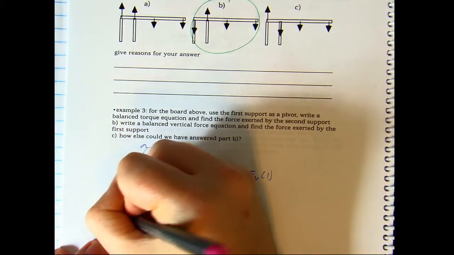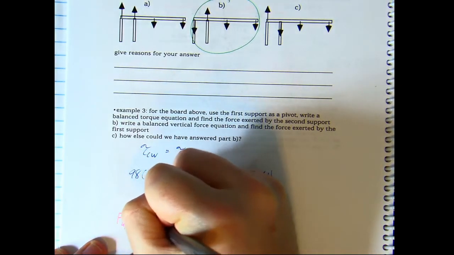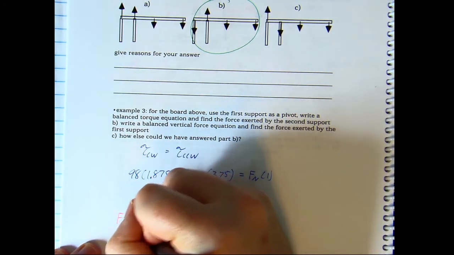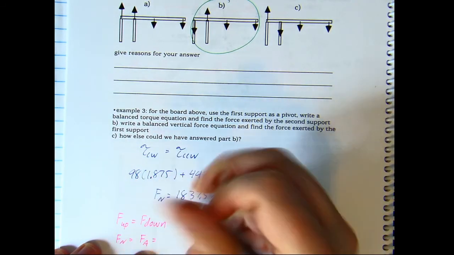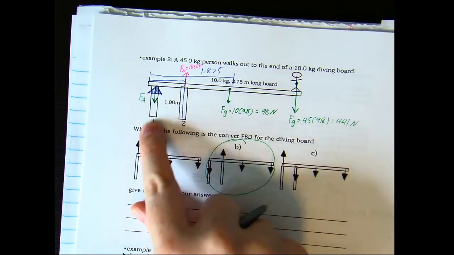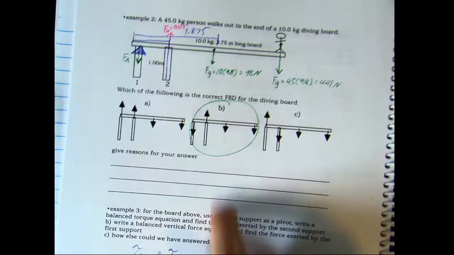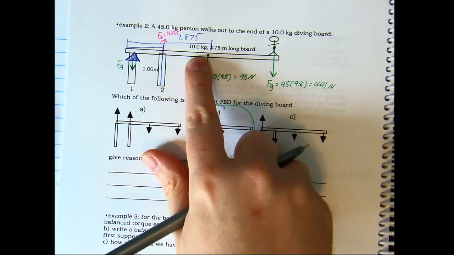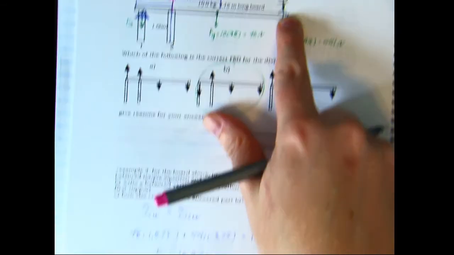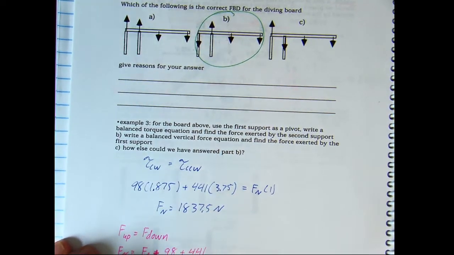So we're going to have my forces up equal my forces down, which means Fn is going to equal, now my downward forces are the applied force from this support, the 98 Newton force of gravity from the beam, and the 441 Newton force of gravity from you on the end. We could have put Fn in here.